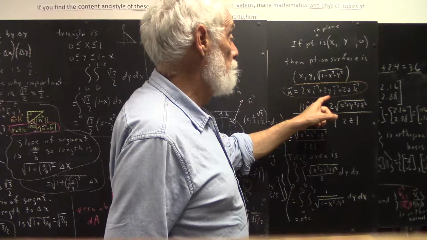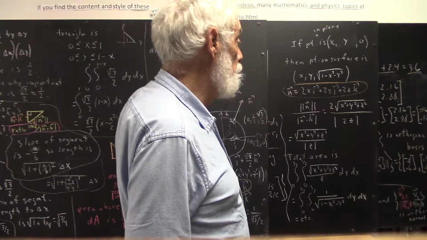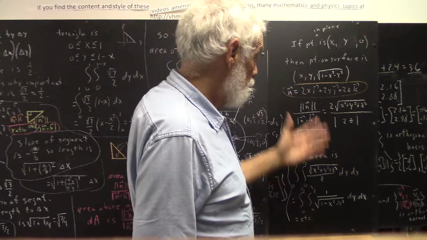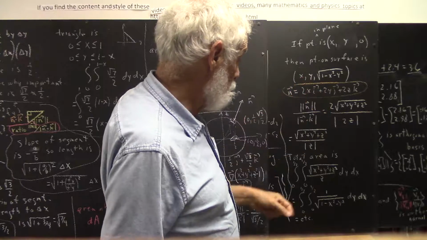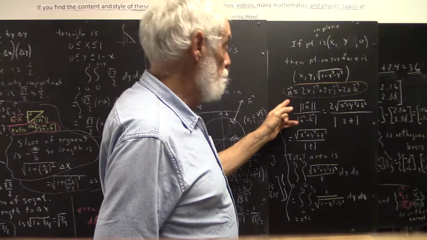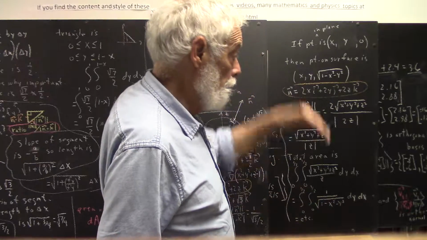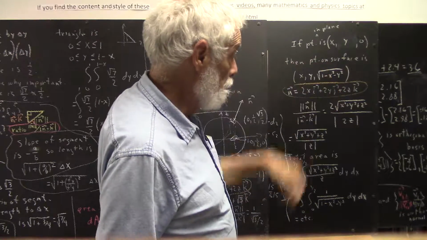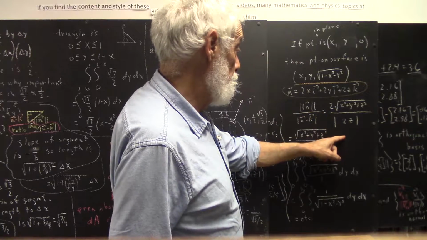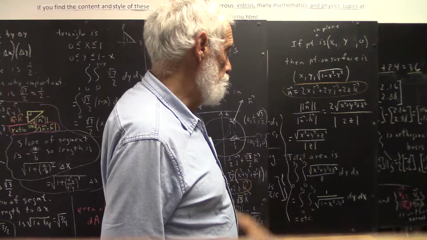Using 2x i plus 2y j plus 2z k for the normal vector. This is just what I said a minute ago, but I've written it out. Then this expression, this area ratio between area down in the plane and the area on the sphere, depending on the tilt of the sphere, is going to be this. And of course that simplifies to this.